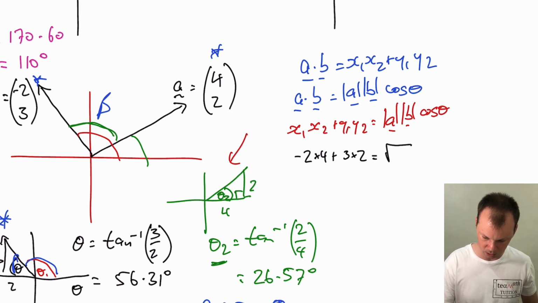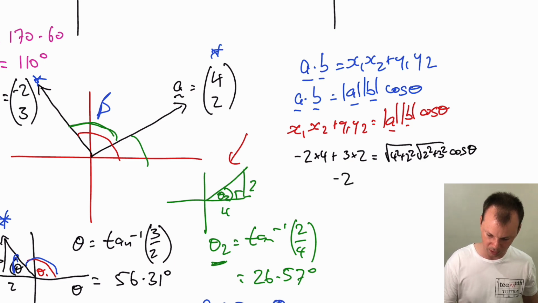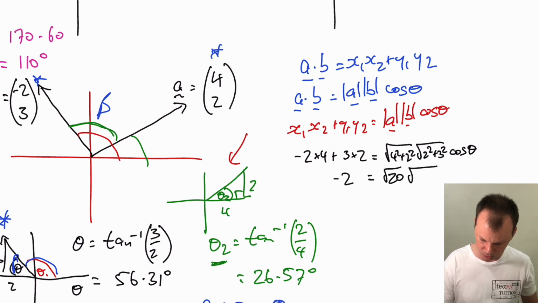The magnitude of A is the square root of 4 squared plus 2 squared, and the magnitude of B is the square root of 2 squared plus 3 squared. Okay, so we've got -8 plus 6, -2, over root 20, and I could simplify it, but I don't need to, times root 13, equals cos theta.